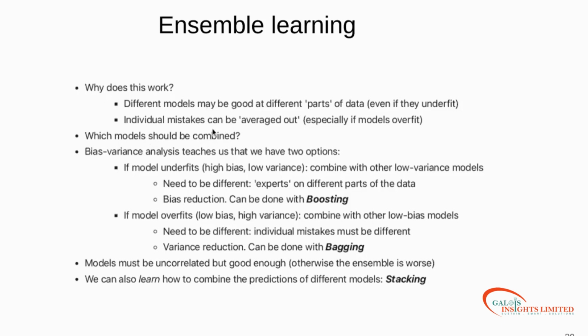Different models may be good at different parts of the data. If the model underfits, then it will not be able to generalize on new data sets. And if the model is overfitting, then it is learning too much and distinguishing too much between the data points, and again it wouldn't be able to generalize well on a new data set.